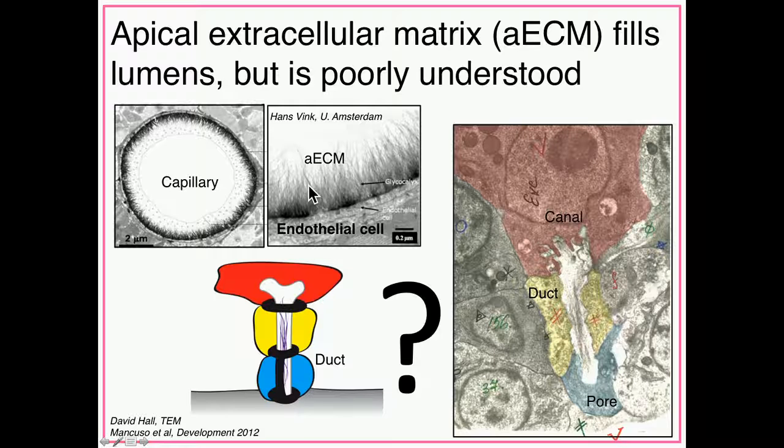These layers are a pretty common feature of apical ECMs, which are typically composed of proteoglycans and glycosaminoglycans. The duct cell also has an apical ECM. Shown here, you can see this fibrous stuff in the middle of the lumen. Now this fibrous stuff later gets replaced by a collagenous cuticle that is going to line the lumen later on, after the duct cell undergoes its morphogenesis. We really don't know anything about what the components are that form this duct apical ECM, or what its function is prior to cuticle appearance.